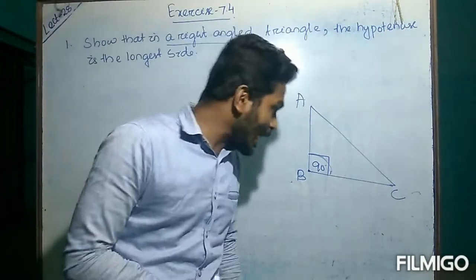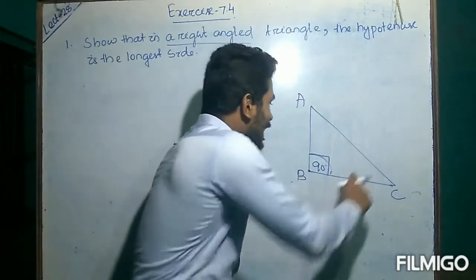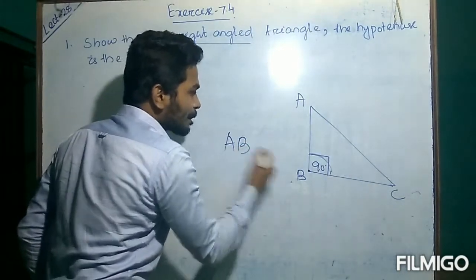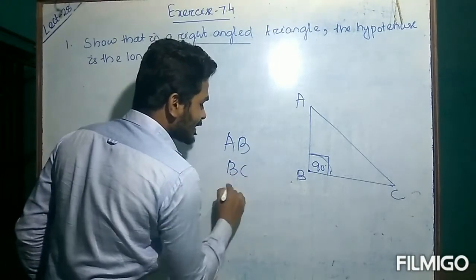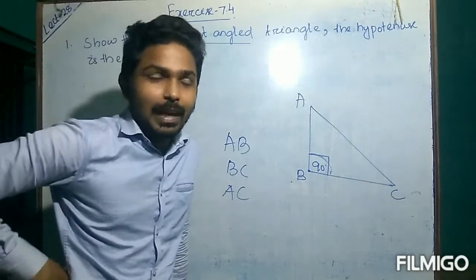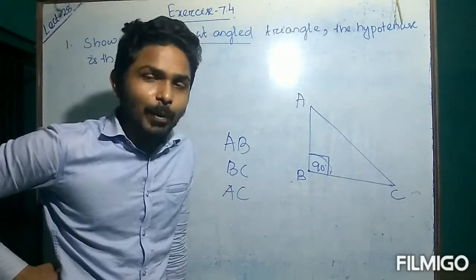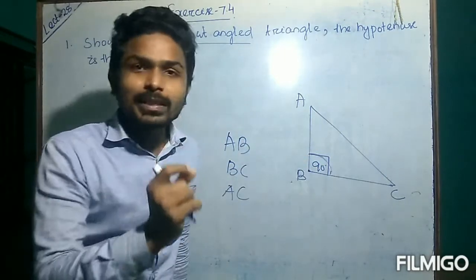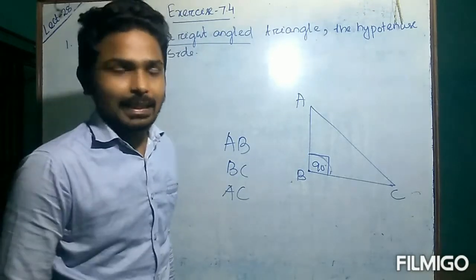First of all, we have to identify out of the three sides AB, BC and AC, which side is the hypotenuse? Tell me, how can we find the hypotenuse? I have told you. In order to find the hypotenuse, you have to find the side which is opposite to the 90 degree.